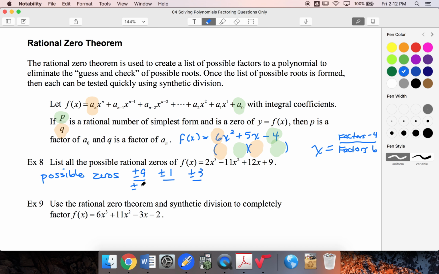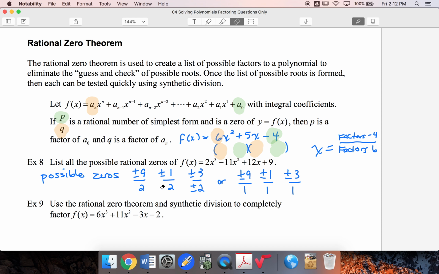So I could have plus or minus 2 under each, or my same numerators, all divided by the other factor of 2, which is 1. And I didn't need to have two sets of pluses or minuses there. All right, so these are all the possible factors. I have 6 here and 6 here if I include the positives and negatives to test.